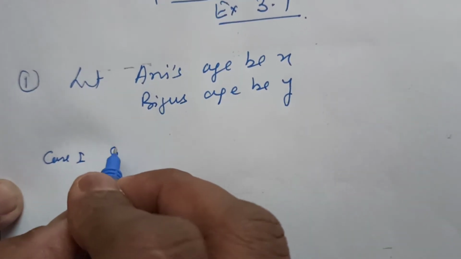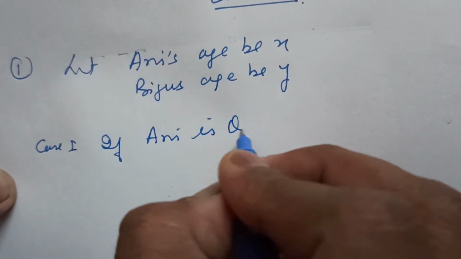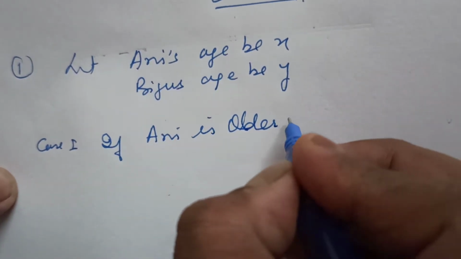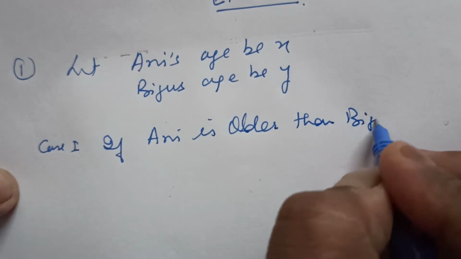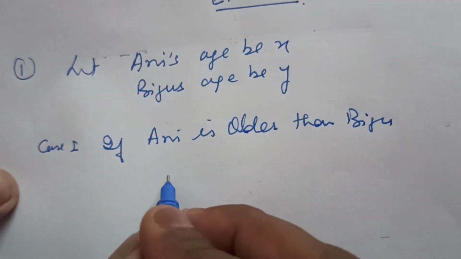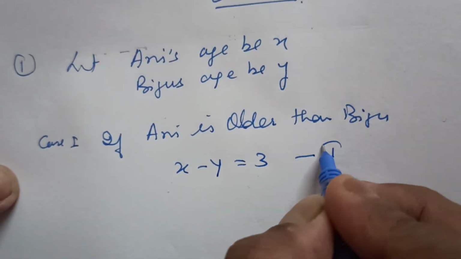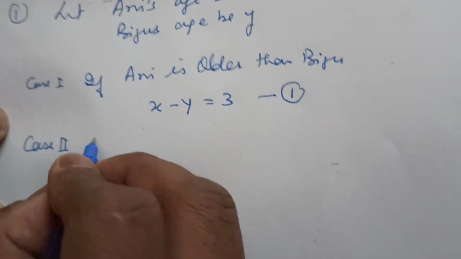So we will take case 1. Case 1: if Ani is older, because we don't know who is older. So we take Ani older than Biju. Then what happens? If Ani is older than Biju, then X minus Y is equal to 3. This will be our first equation. Now we also have to take the second case.